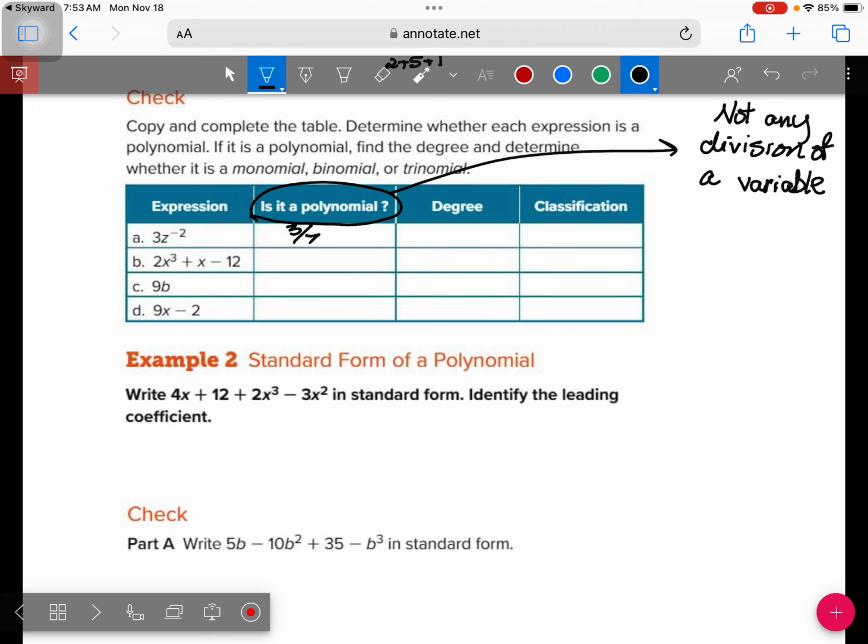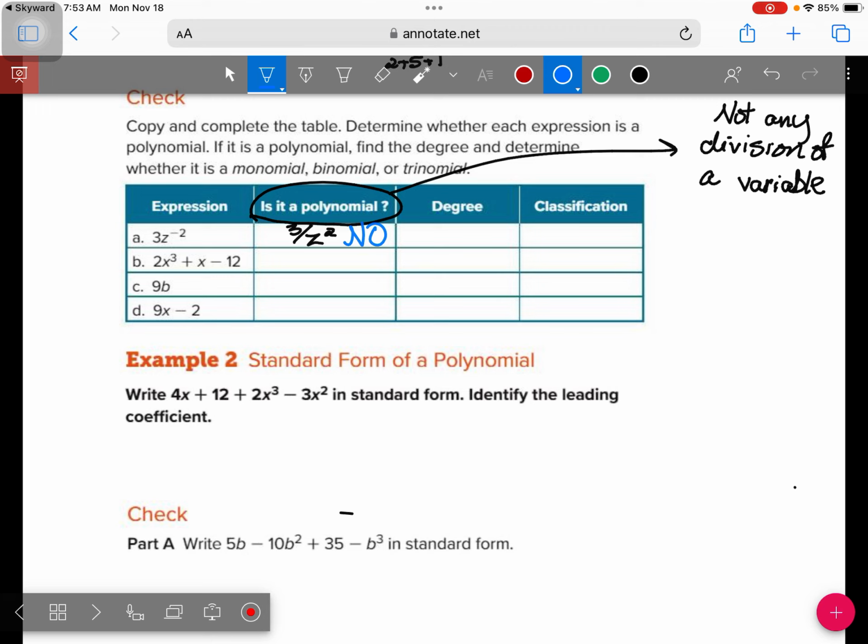3 over z to the second power, because that negative exponent moves it from the top part where it is down to the bottom. So that is dividing by a variable. So is that a polynomial? That's a big no. It is not a polynomial.